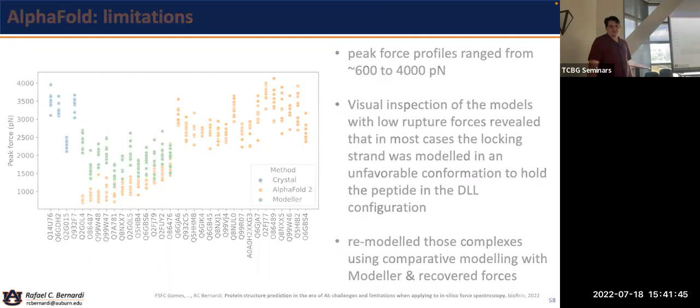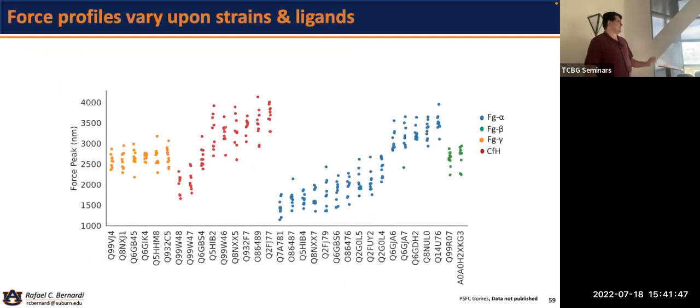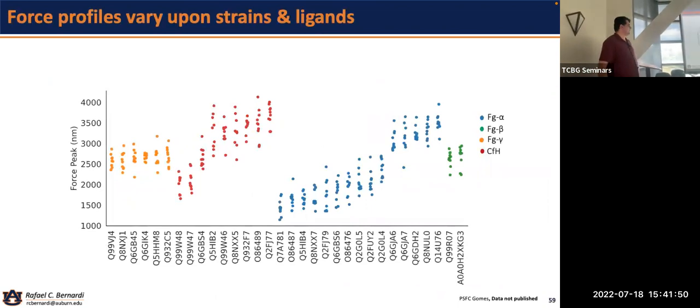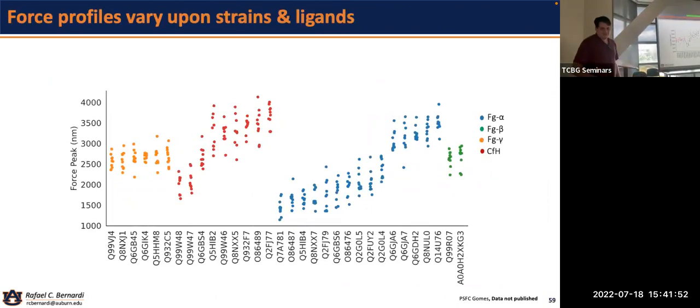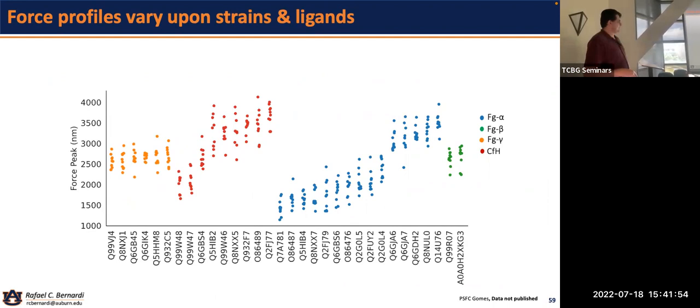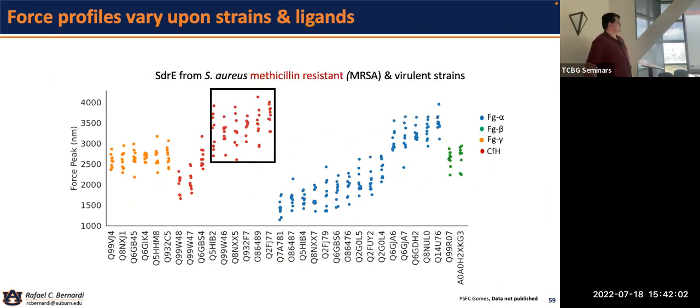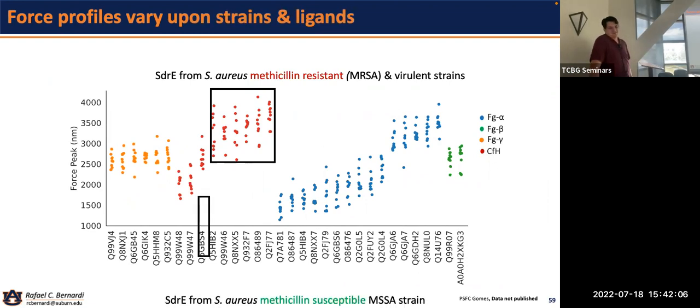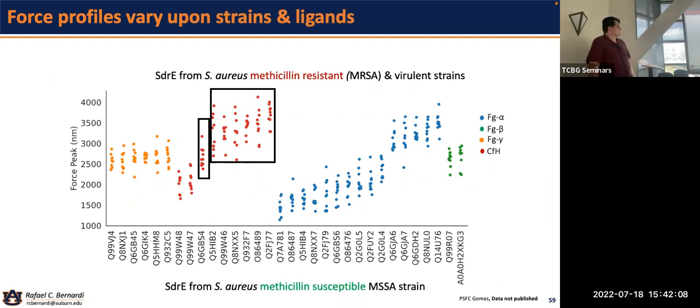But another thing we noticed, which I think is more interesting, and that's what Priscilla did because I would never have noticed it. If you look at a bunch of these at the bottom here, different strains of this bacteria, I would never have noticed that all of the strong ones are methicillin resistant. And this one here is basically the same thing, methicillin susceptible.